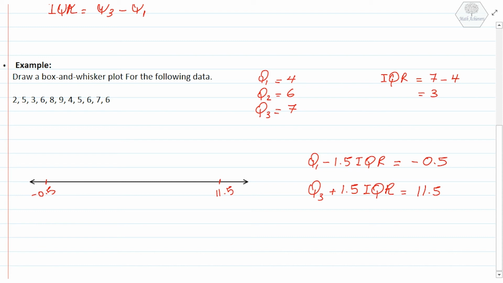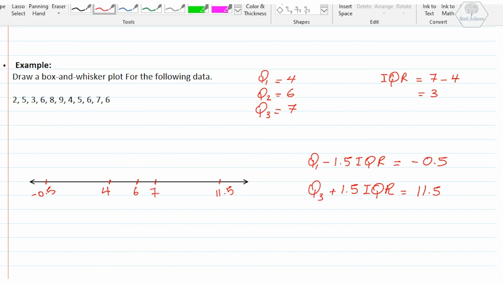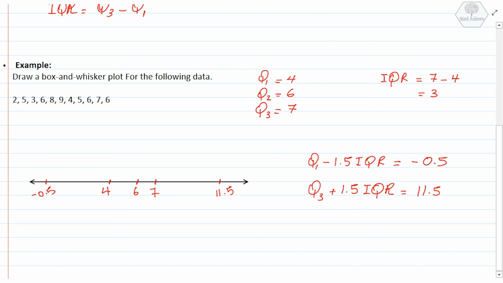I have Q1 to be 4. Let's say I'll have Q1 in here. This is 4. And this is the 6, and this is the 7. Let's draw our box and whisker plot.